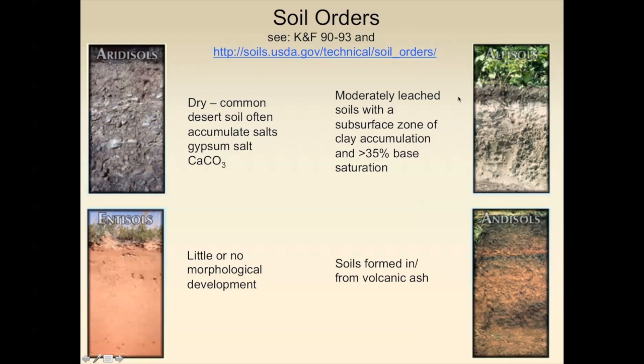Alfisols over here are moderately leached soils with a subsurface zone of clay accumulation and greater than 35% base saturation. Base saturation is something that we'll look at later on, but it's related to the cation exchange capacity.